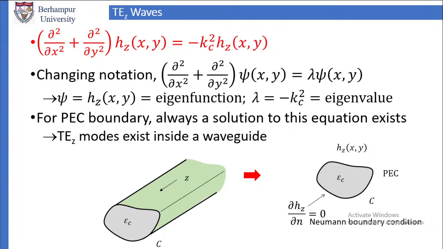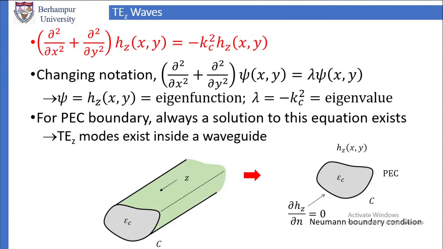What is Neumann boundary condition? Remember that at the boundary, if you take the differentiation of the field with respect to the normal to the boundary, it is equal to 0. That gives you the Neumann boundary condition.